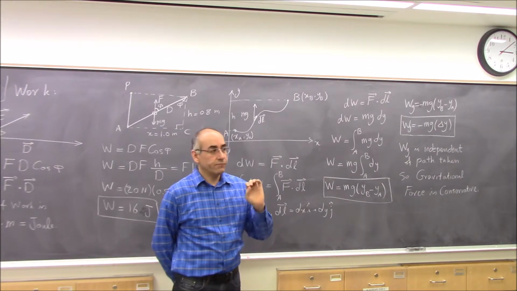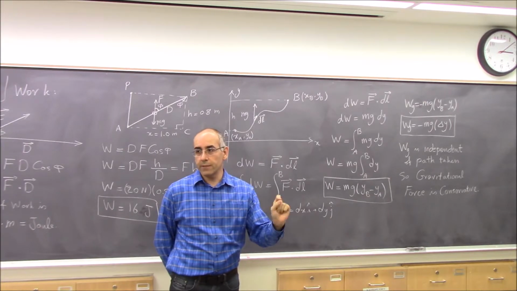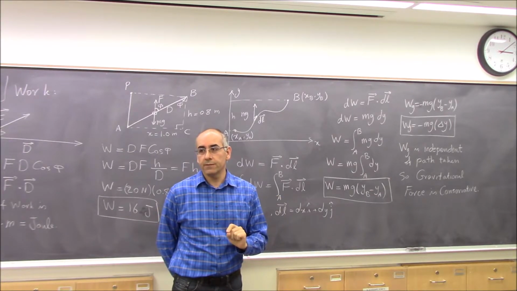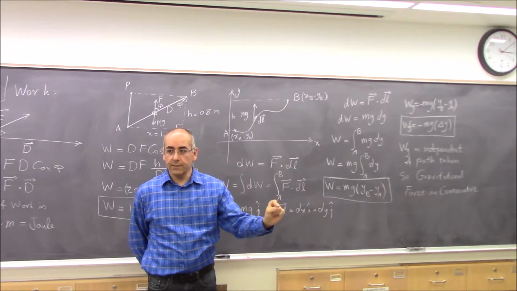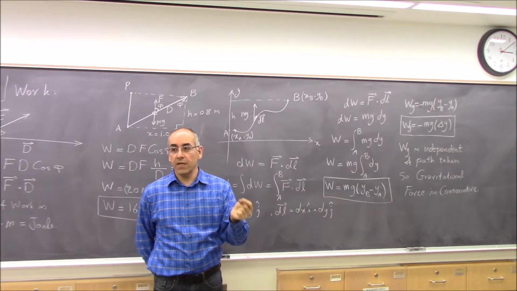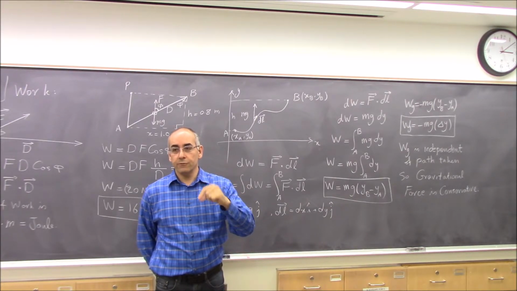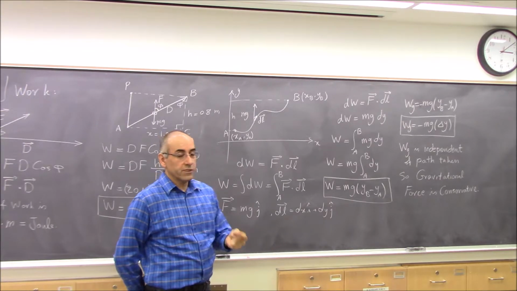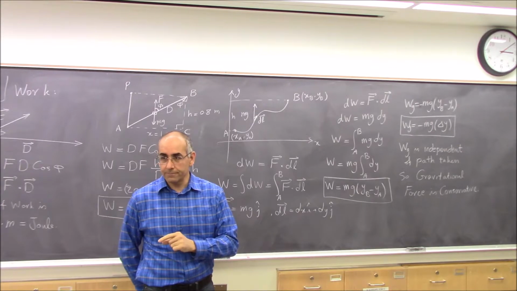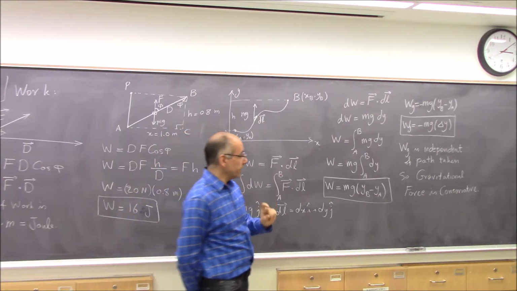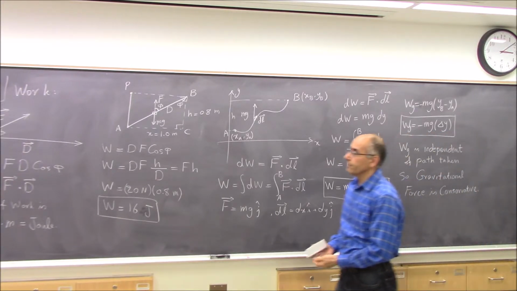For these, the work done from one point to the other doesn't depend on how you go from one point to the other. And that gives us a tool that we are going to talk about later: we can define potential energy for these forces. Then we can use that in situations where Newton's law is hard to apply, as in the situation that I talked about. Okay, so it is important that the work does not depend on the path.